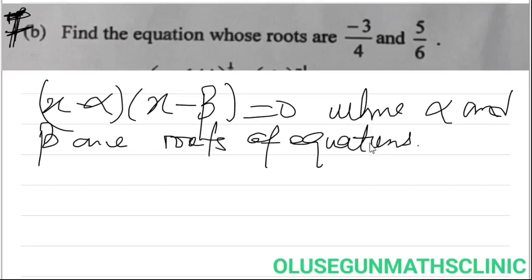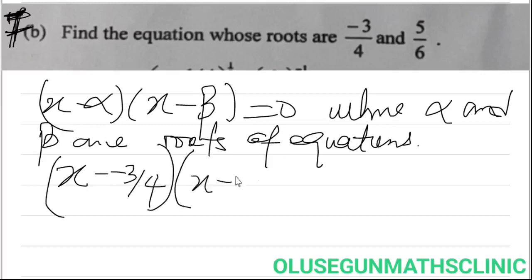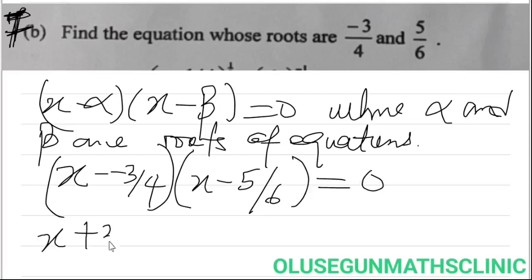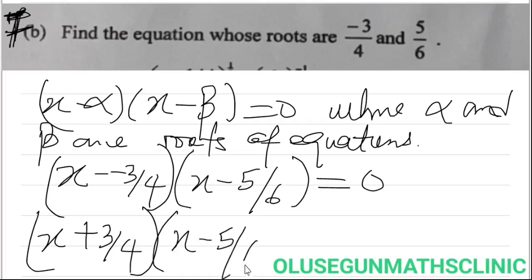So if alpha and beta are roots of the equation, meaning that x minus 3 over 4 onto x minus 5 over 6 is equal to 0. So in expansion we have x plus 3 over 4 onto x minus 5 over 6 is equal to 0.